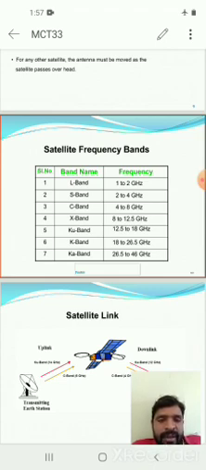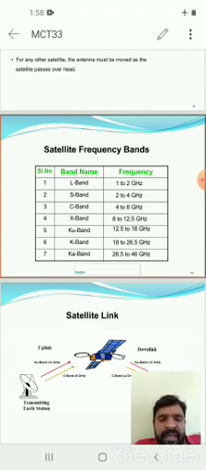X band, 8 GHz to 12.5 GHz. Ku band, 12.5 GHz to 18 GHz. K band, 18 GHz to 26.5 GHz. Ka band, 26.5 GHz to 46 GHz.